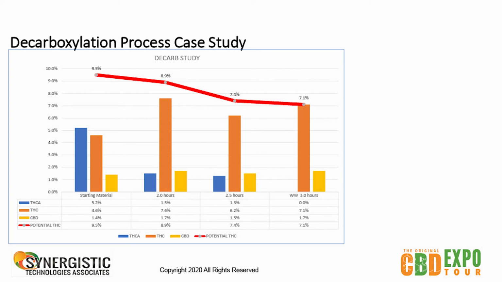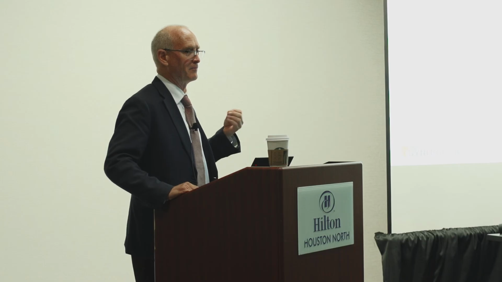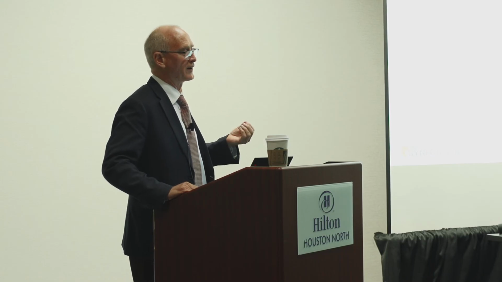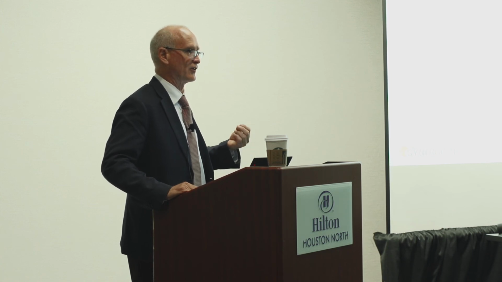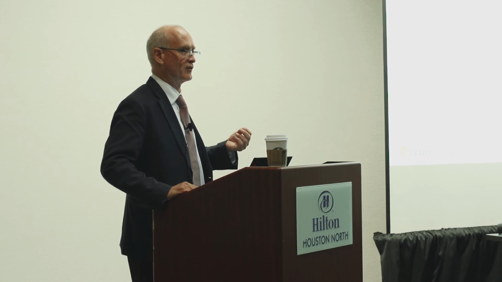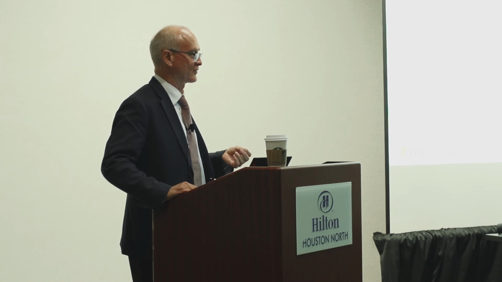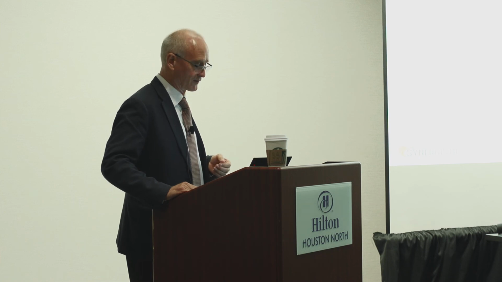In this experiment, what we're looking at is taking biomass, whether hemp or cannabis with high THC, and drying it for a certain amount of time, then stopping the process and taking samples and measuring those samples to know what is the percentage of CBD, THC, or any of the other cannabinoids as far as the removal of the carboxylic acid group, so you're decarboxylating.